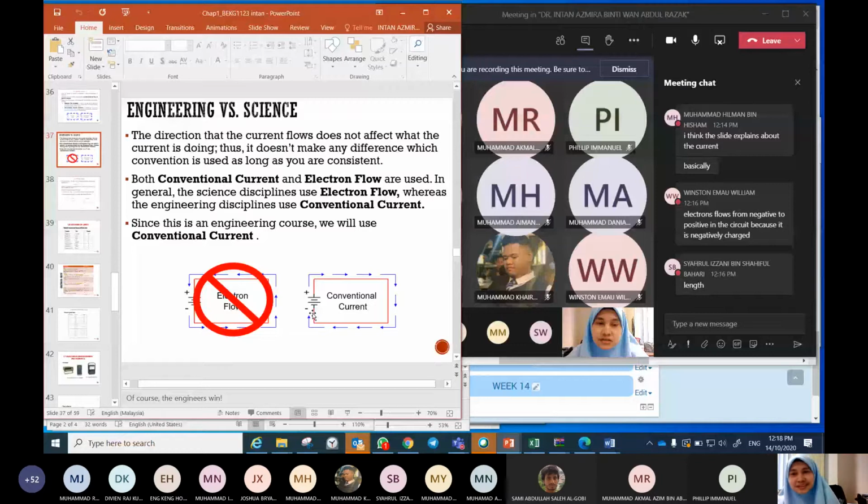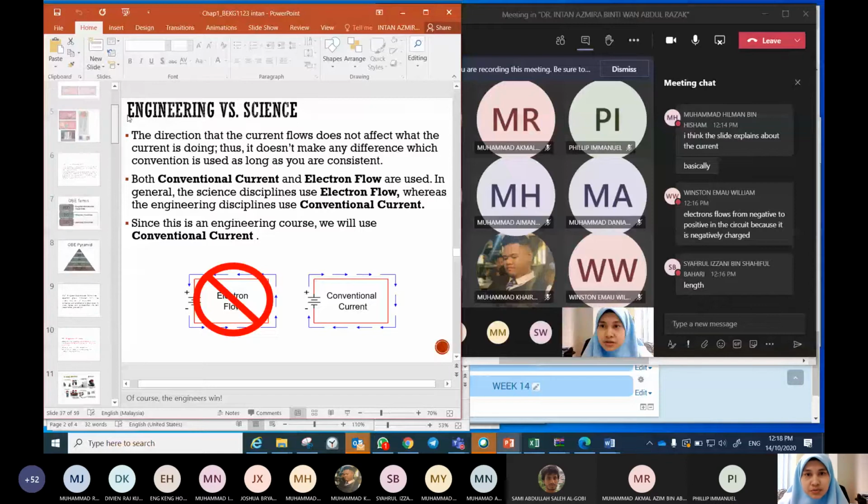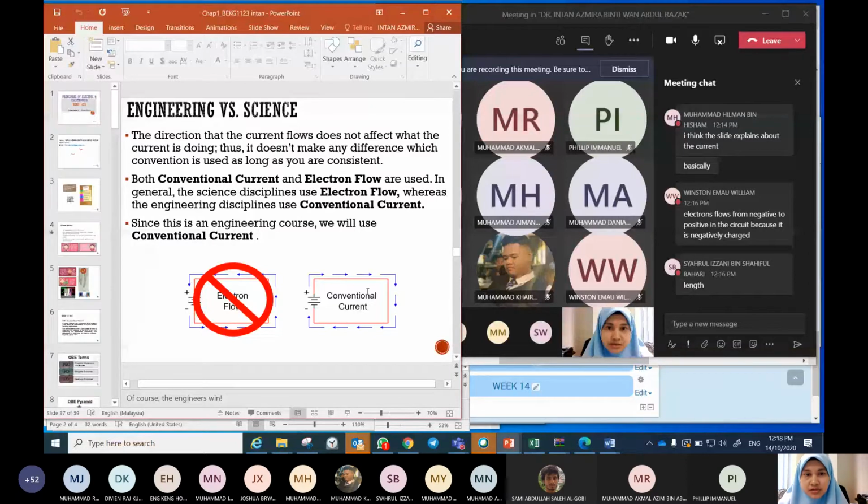Any other question? Today I want to discuss anything about chapter 1, so you may ask anything about chapter 1. Actually, in chapter 1 we learn about power calculation, right? Calculation of power, absorbing and supplying power.